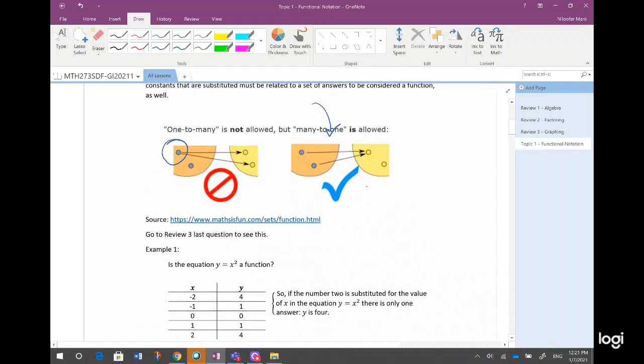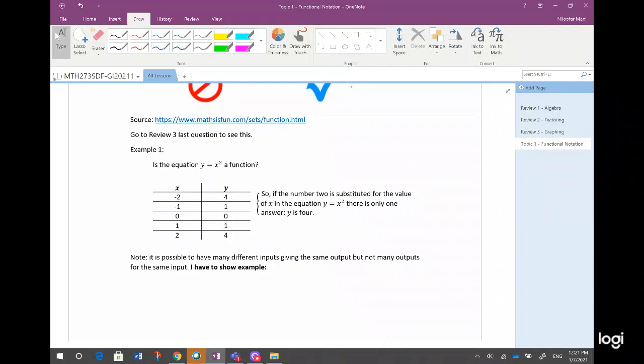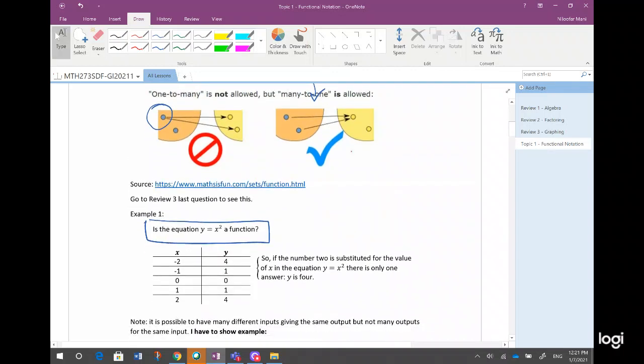So for example, I can show you one function here. This one, y equal x squared. You give a value to x and the result is x squared. Look at the values here. See, two different x's, this one and this one.